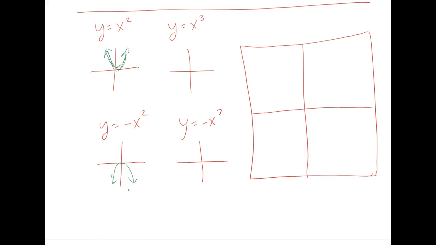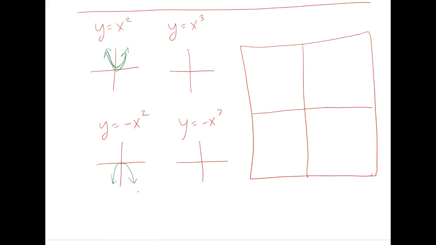End behavior is basically asking what is happening on the left and what's happening on the right. So you're looking at the arrowheads. Some people describe it as rising on the left and rising on the right, or they say the graph is approaching infinity on both sides. This one would be approaching negative infinity on both sides.